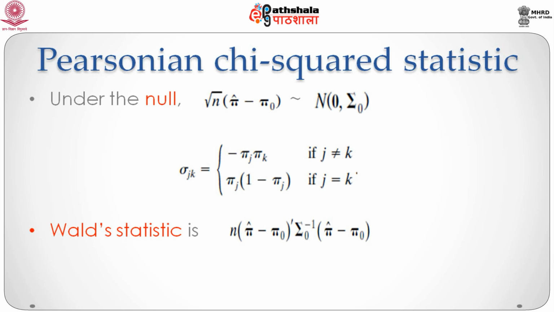This follows from the multivariate version of the properties of the maximum likelihood estimator. The Wald statistic, that is a multivariate version, is then given by the quadratic form n into (pi hat minus pi naught) prime sigma naught inverse (pi hat minus pi naught). And I leave it to you as an exercise to show that this form of the statistic is indeed another way of representing Pearsonian's chi-squared statistic.